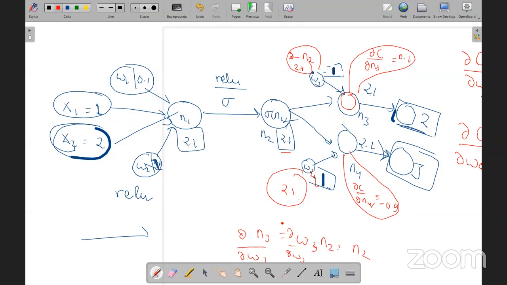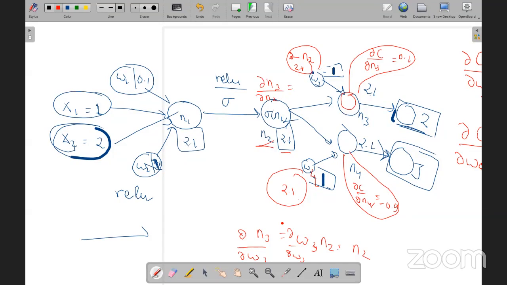Let's calculate for this edge. This edge is asking us to calculate dn3 by dn2, right? Whenever you are at a particular node, let's say its name is n2, and you are trying to find out for this edge, which is going from n2 to n3, then you find out dn3 by dn2.